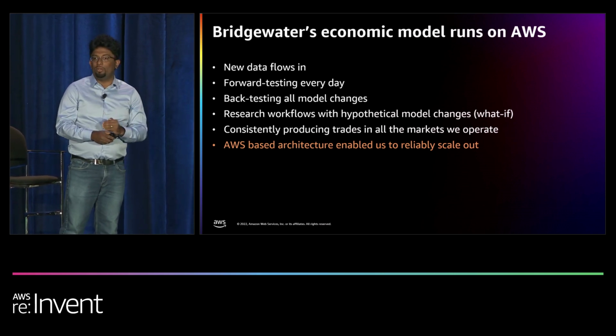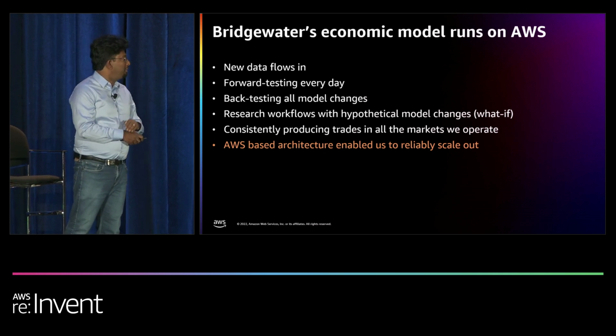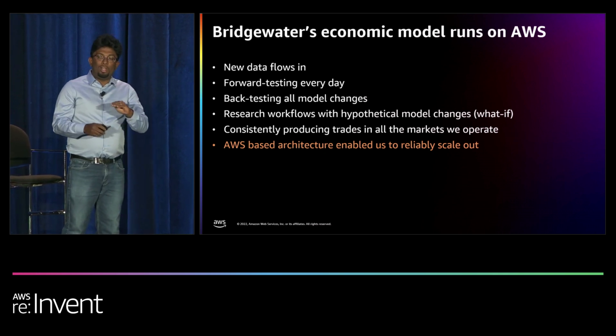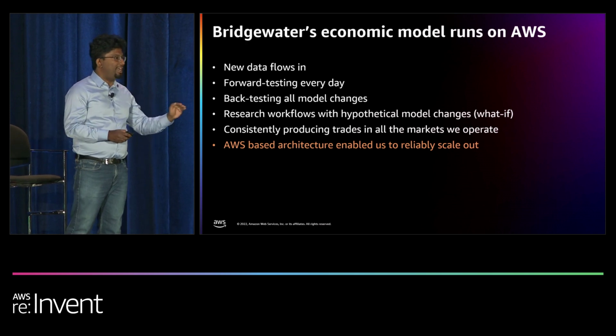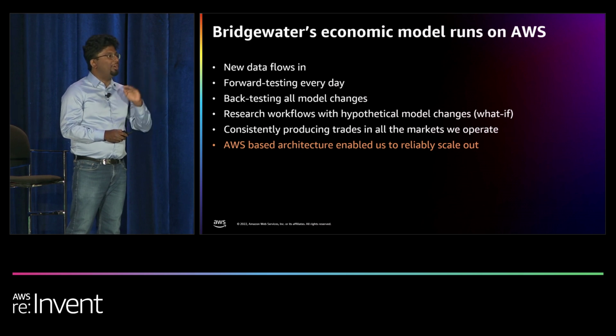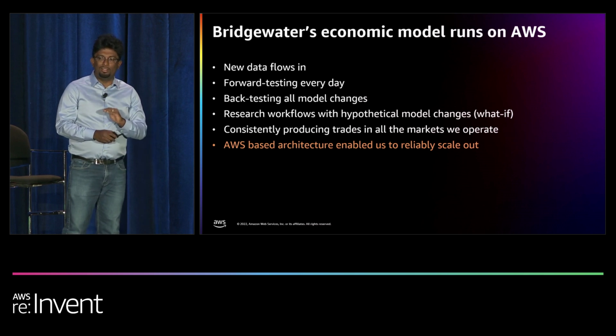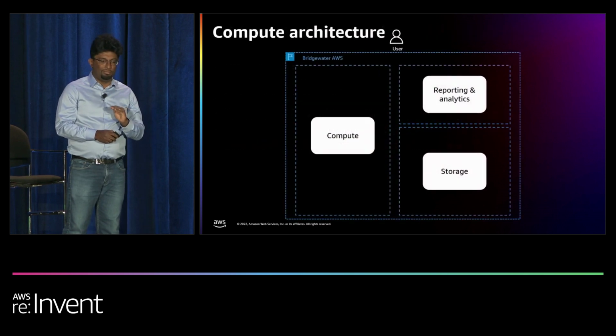And we also have to run these kind of simulations of our mini models. While we are doing all this research, we also every day have to produce trades in the market. We run in the markets every night. We produce these trades throughout the day. AWS-based architecture enables us to scale out this process reliably.